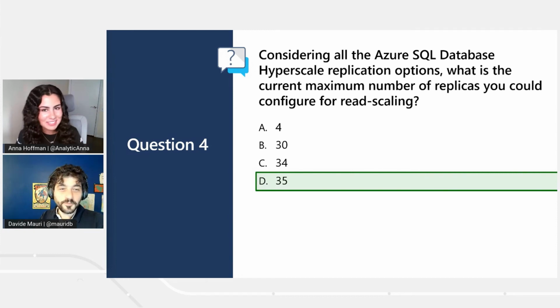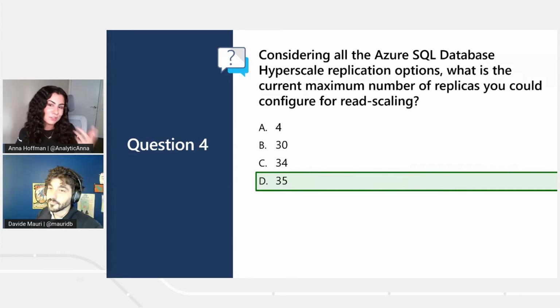There are differences. I think most people said B, so that was the number of named replicas possible. And those are probably the best for your read scale type of workloads. However, those 4 HA replicas are available for read-only use. The challenge with them is you don't control which one you're going to when you use the application intent read-only.